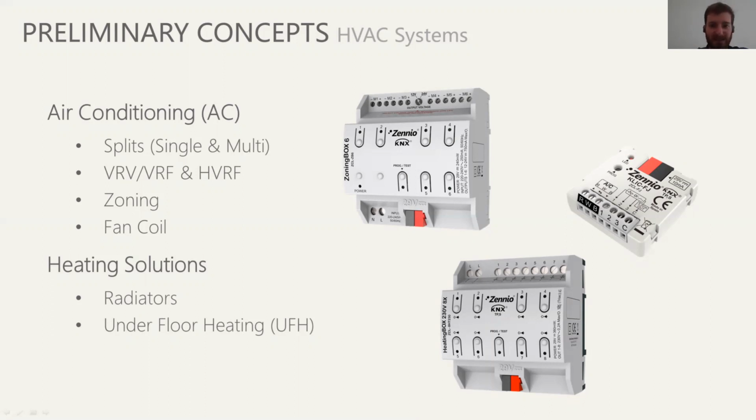So that's basically the four big families inside air conditioning: splits, VRV or hybrid VRV or VRF, and fan coil, and we will be covering how to control each of them in the controller's part.